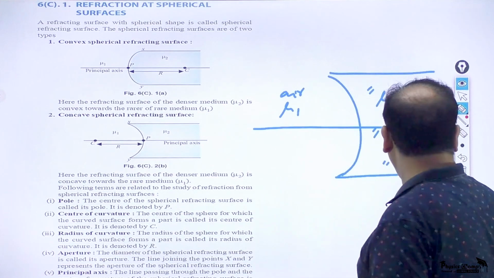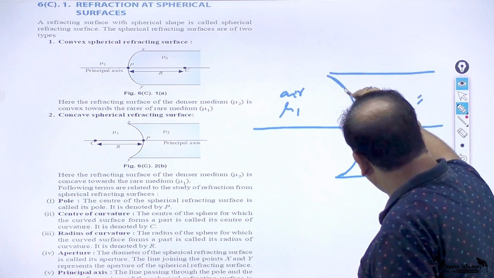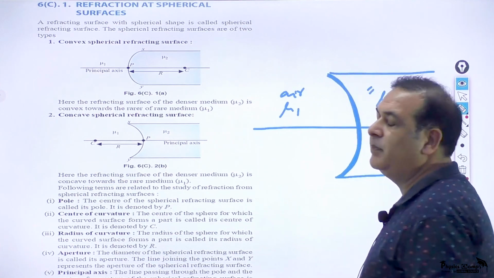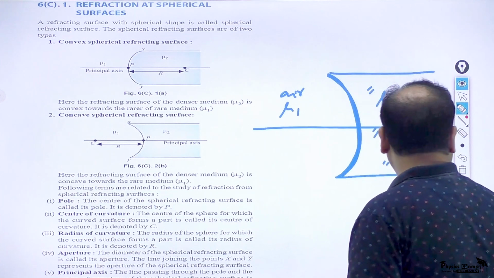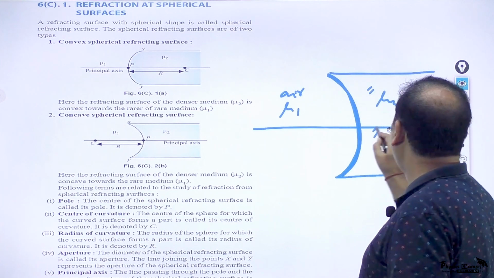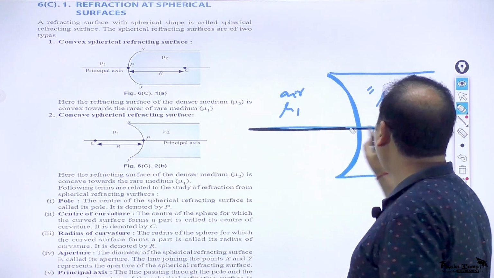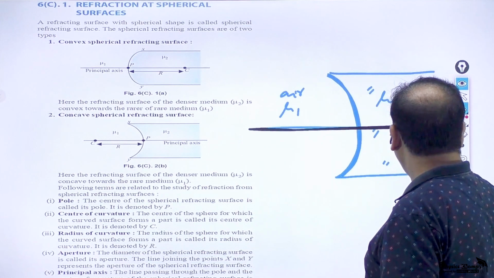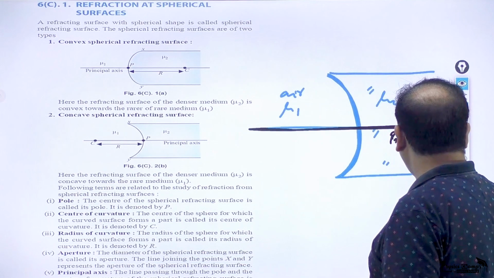So the denser medium has a concave shape towards the rare medium, and once again this line which passes through it will be called the principal axis, otherwise everything is the same.